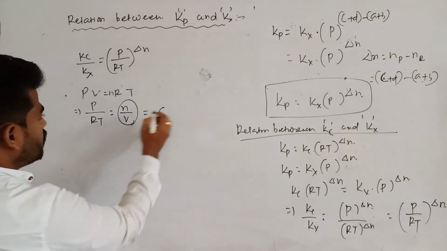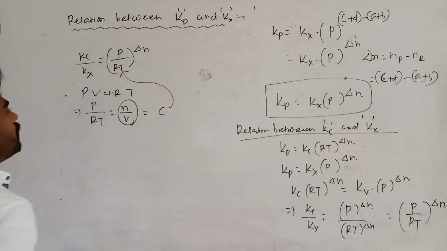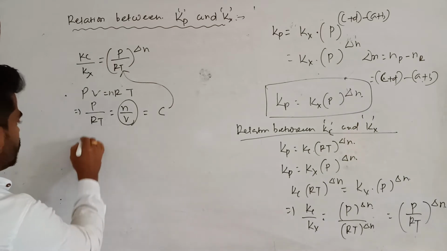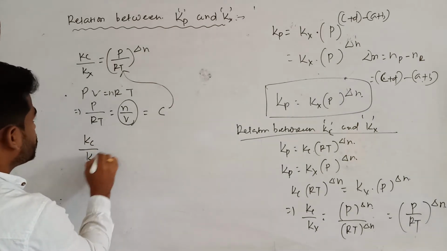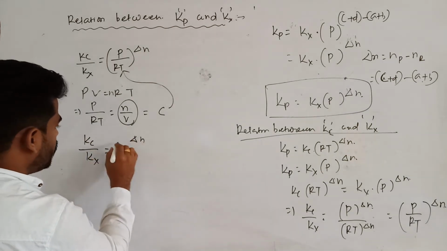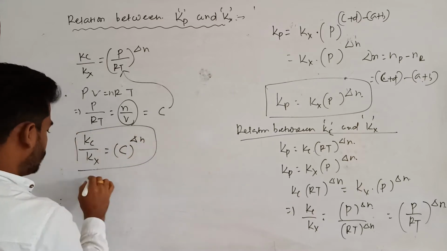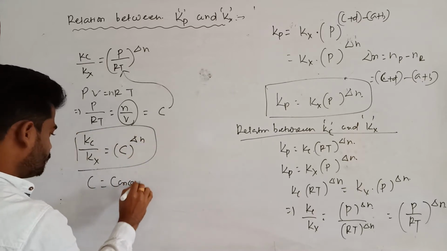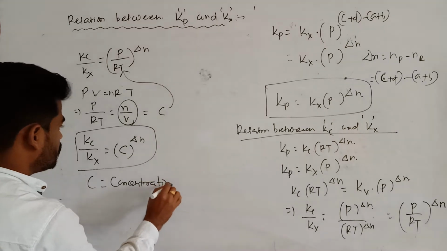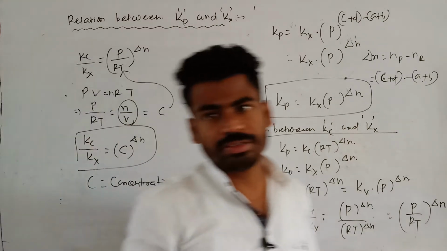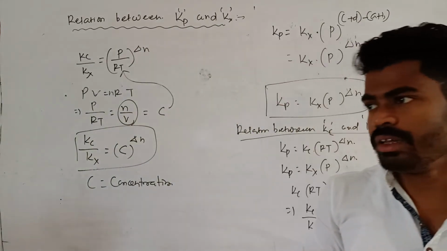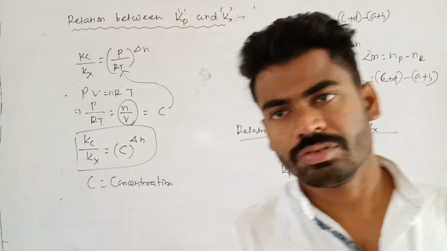So now I can replace this P by RT by this C, that will be Kc by Kx is equal to C to the power del n, where this C is nothing but the concentration. So these are the various mathematical relationships between equilibrium constant values. Okay.